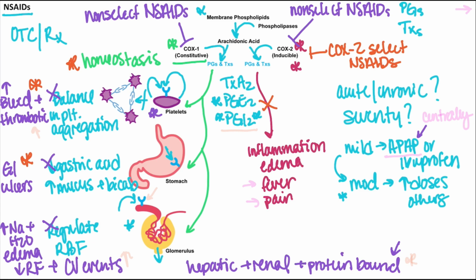But the cardiovascular related risks are higher because of a presumed reduction in prostacyclin, which is usually our vasodilatory prostaglandin and our inhibitor of platelet aggregation. So less GI concerns, but more cardiovascular concerns.